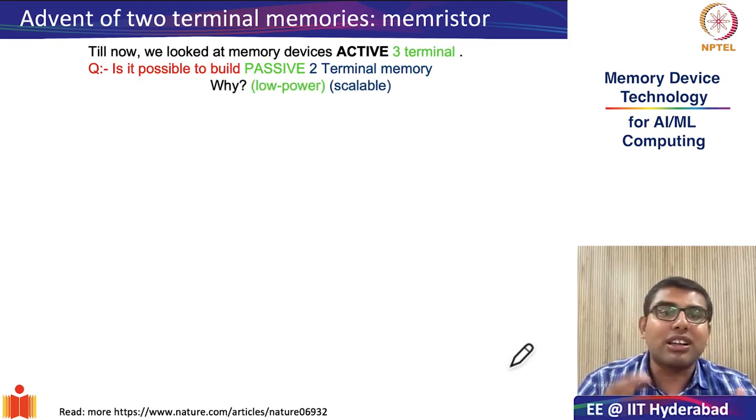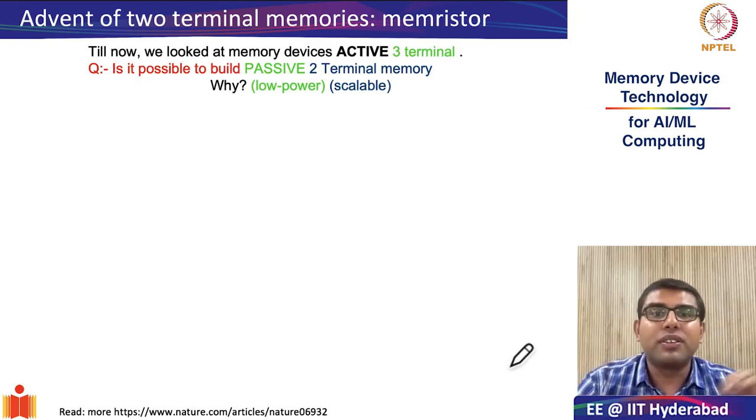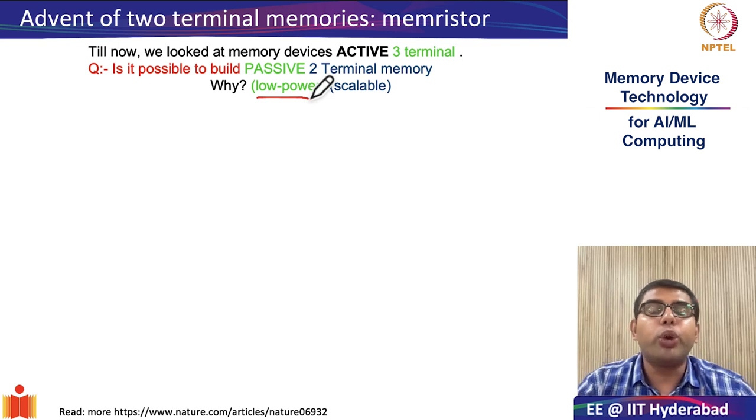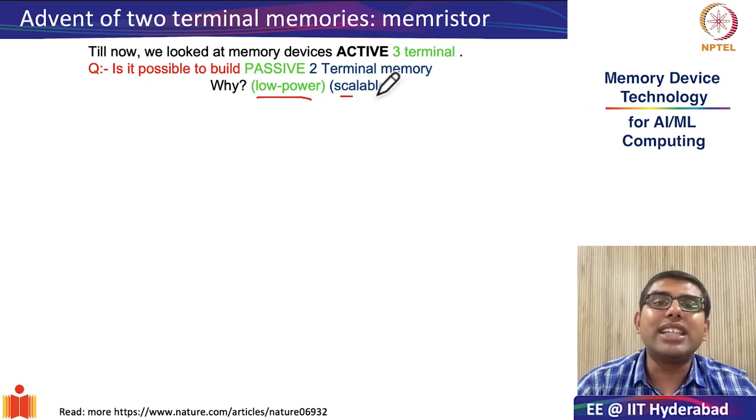And the first answer came from Leon Chua. Before that, we will again try to revise why it is very important to build two-terminal passive memory devices, because it will have two main advantages. First is low power. The idea is that you will not have leakage during static conditions, or you will not have static power loss. The other is regarding scalability.